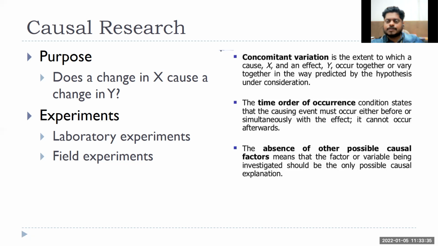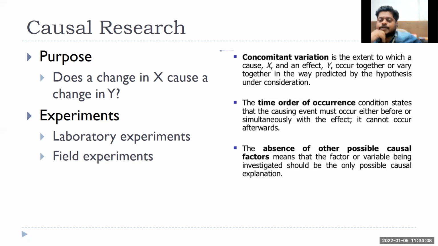Time order of occurrence: by launching new products you are increasing revenue, or by increasing revenue you have money to spend on new product launch. Both can be related also, right? So how to prove the time order of occurrence? Because I have to prove that if X is the cause of Y, X happened first, and only then Y happened. Without X, if I do not launch new products, then there is no increase in revenue. I have to prove that.